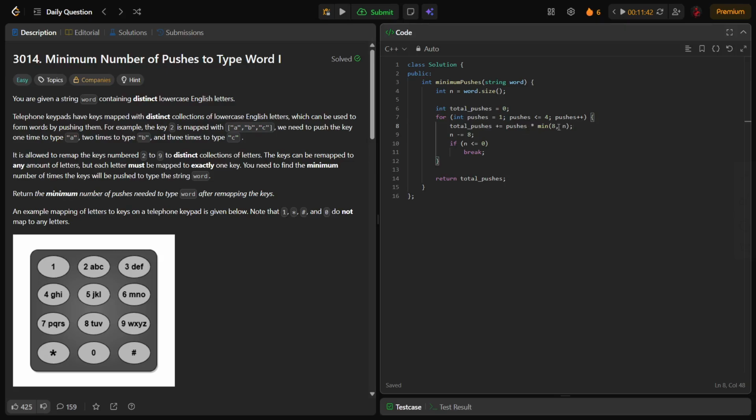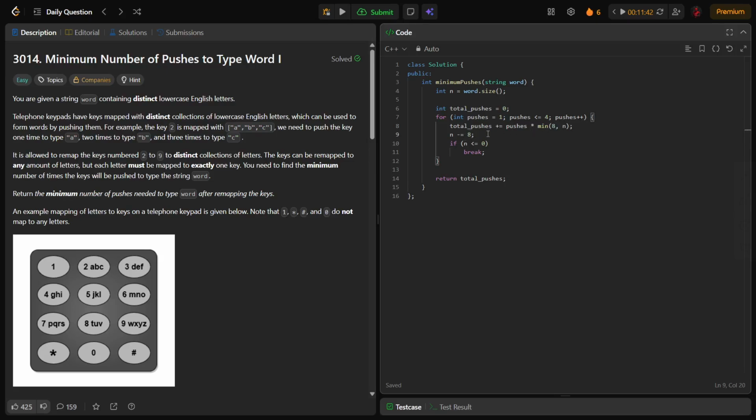So that's the reason I took minimum of 8 comma n. Let's say you had 15 characters, so the starting 8 characters will be spread across the keyboard, and in order to display a single character among those 8 characters, you will be pressing just one time the key button on the keypad.